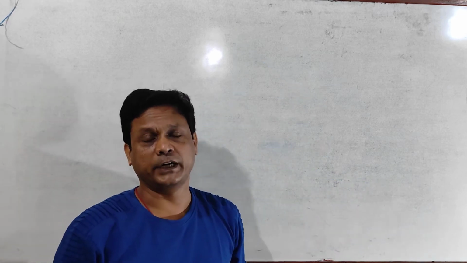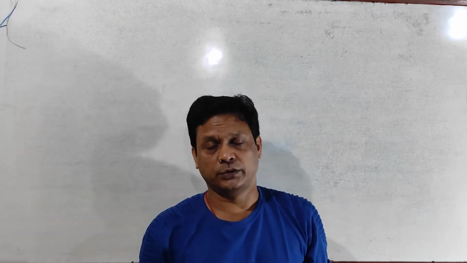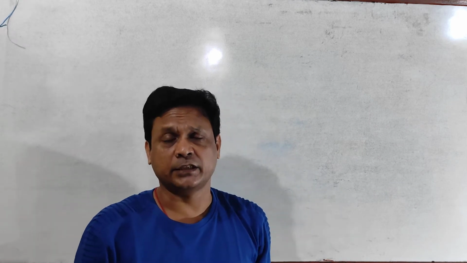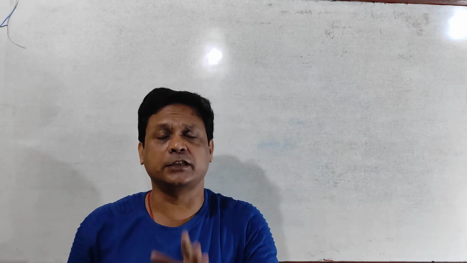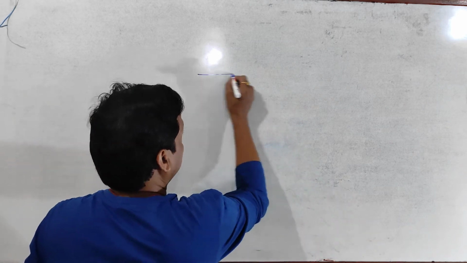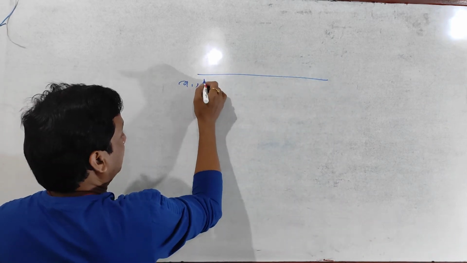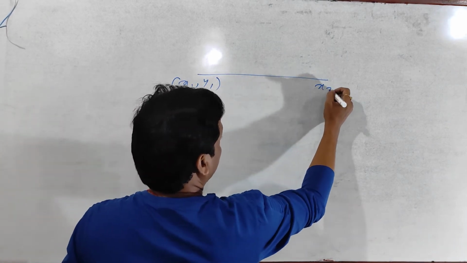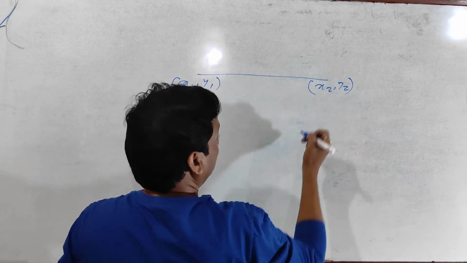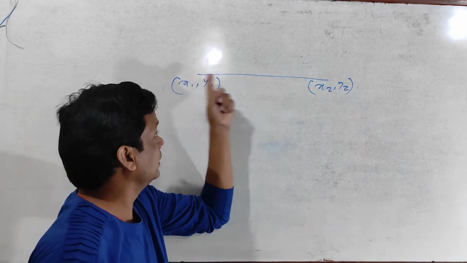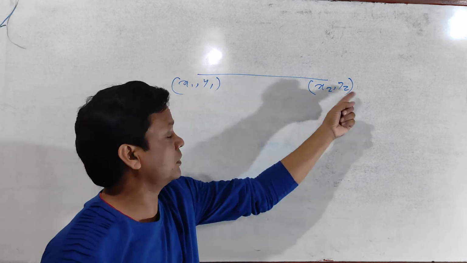And now you want to find out the ratio in which the x-axis divides a line segment and the y-axis divides the line segment. For example, see here, x1 y1 and x2 y2. In which ratio does the x-axis divide the line segment joining x1 y1 and x2 y2?